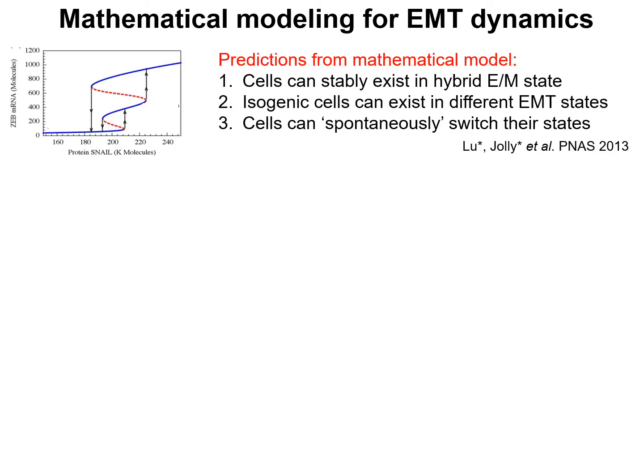Now, once we mathematically modeled the EMT MET circuit that I showed you a couple of slides ago, let me tell you what the different predictions from our mathematical model were. One of the predictions of our model was that cells need not only maintain an epithelial or a mesenchymal state, they can actually have a third state in between, which we called a hybrid epithelial mesenchymal state.